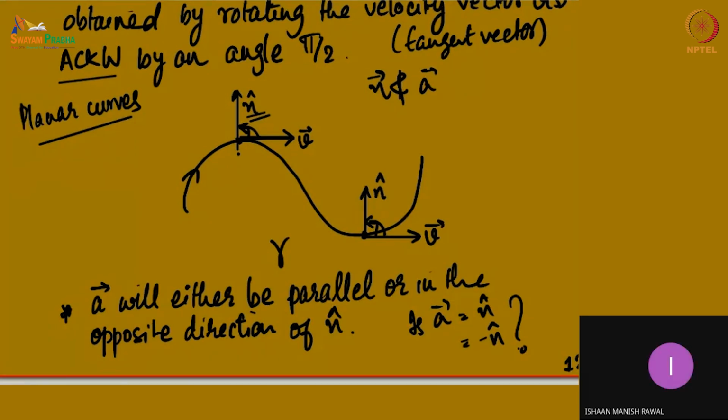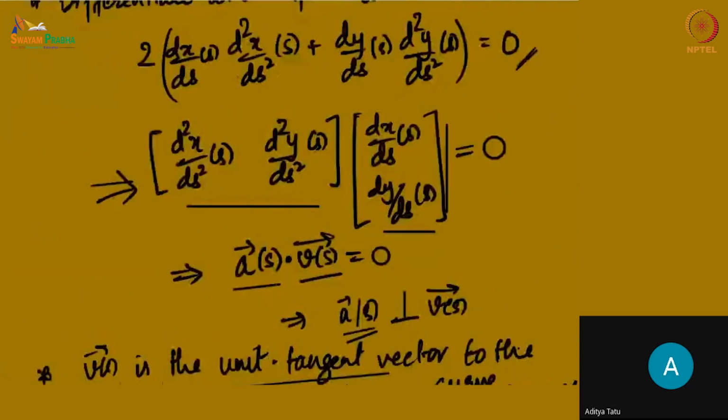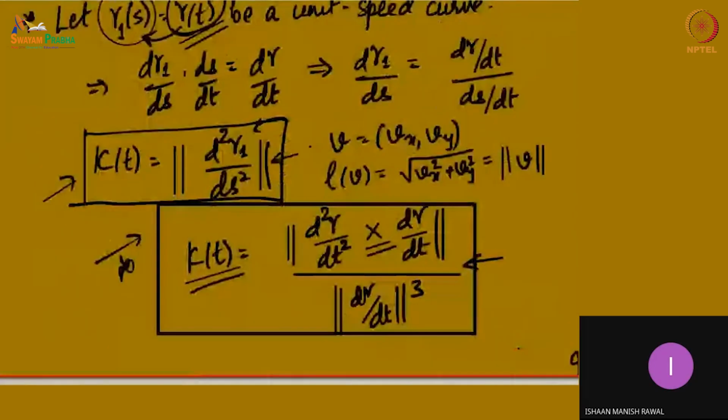Sir, it might not be true in all cases. So in what cases will it not be true? Or what is the length of that acceleration? That is something we just defined, right? So can we rather say A cap might be equal to n cap or minus n cap?